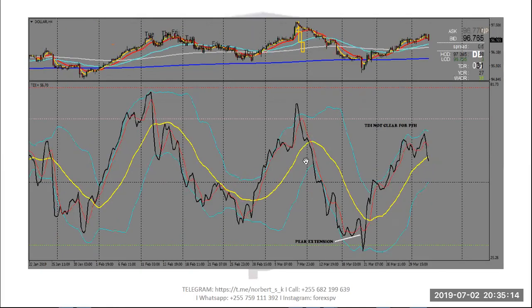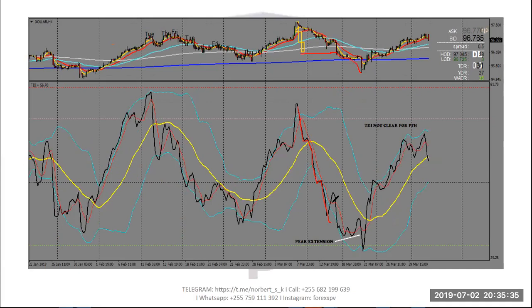So sometimes you see a peak extension on the market maker cycle. So you expect a reversal after this. This is a shark fin here. We have level 1, level 2, and level 3. So here also the ADR time 3 is up, and we expect a reversal, but the dealer extended the peak.